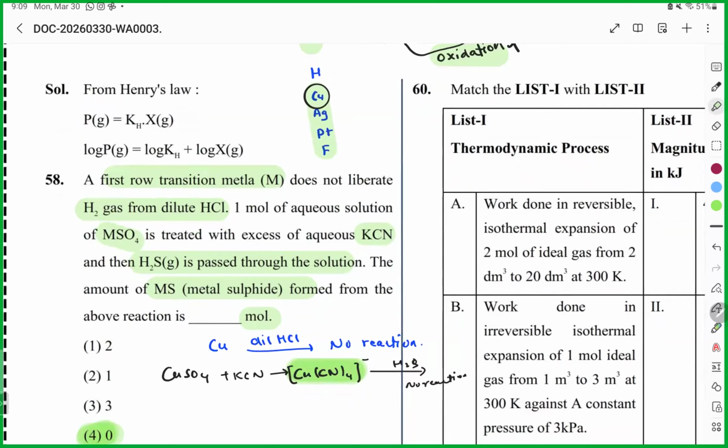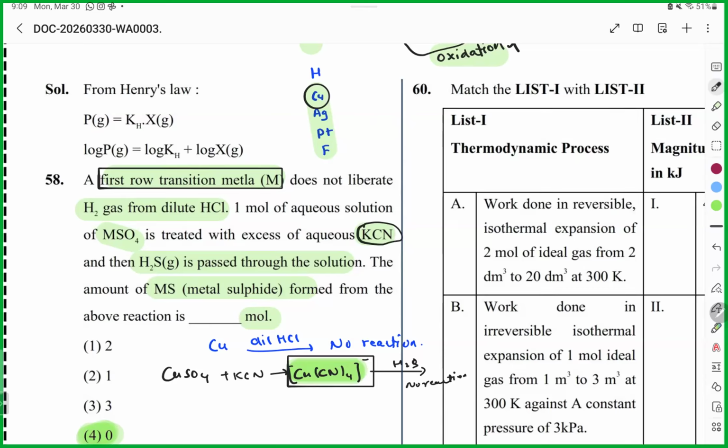First, you need to understand that among the first row transition elements, only in the 3d series, copper lies below hydrogen in the electrochemical series. Second, copper sulfate reacts with KCN and forms the coordination compound. In the coordination compound, cyanide is not free and copper is not free.